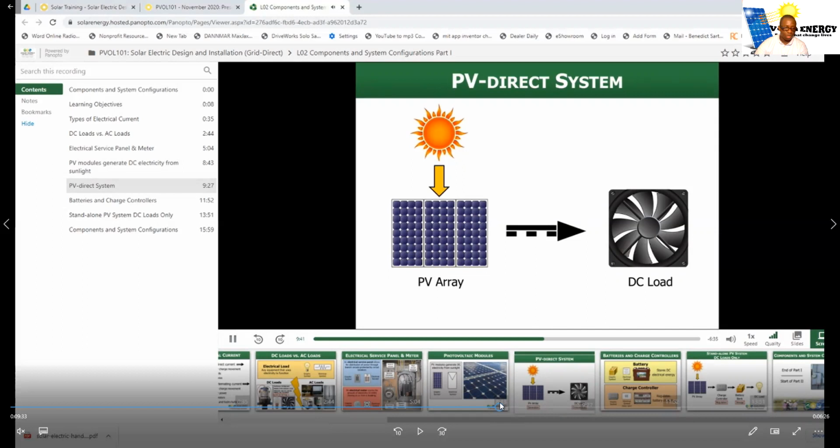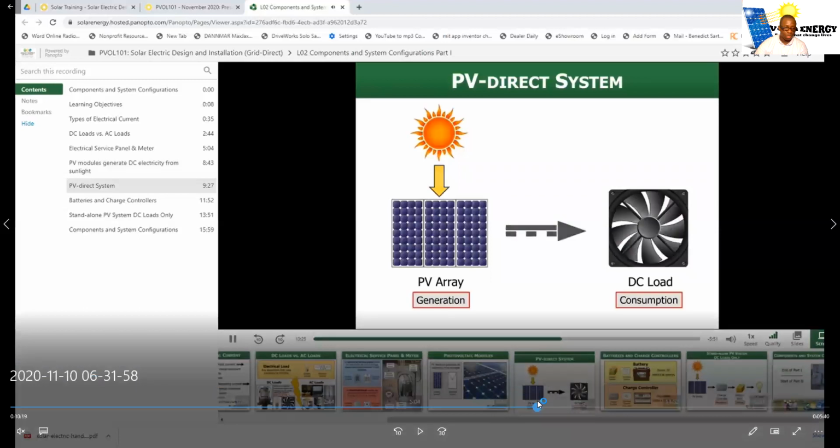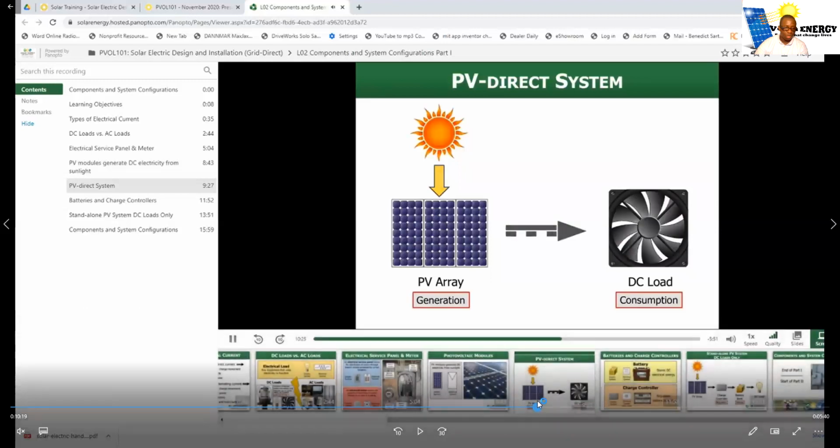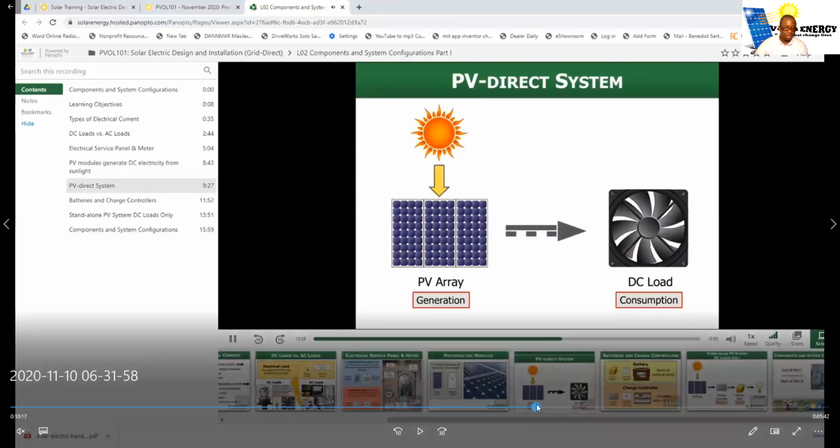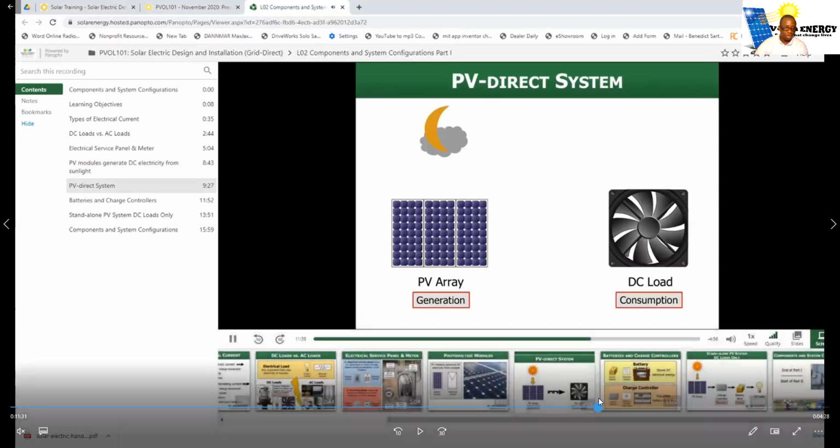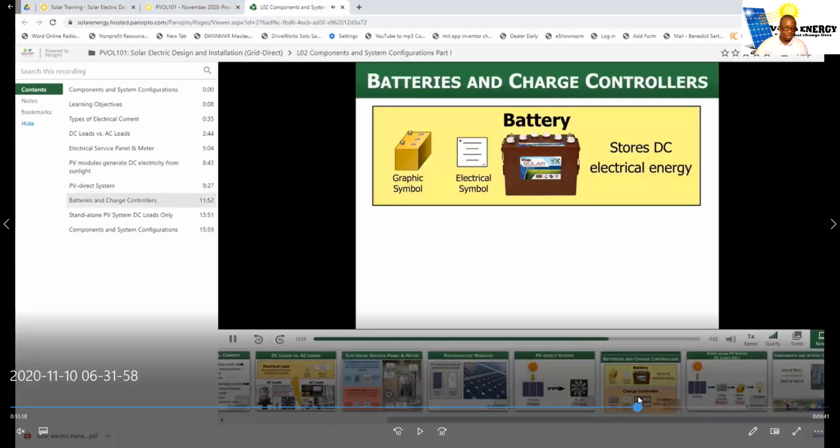Or we can also have a battery bank, which receives a DC current as well. So, generation and consumption. The PV array generates the electricity. The fan consumes electricity.